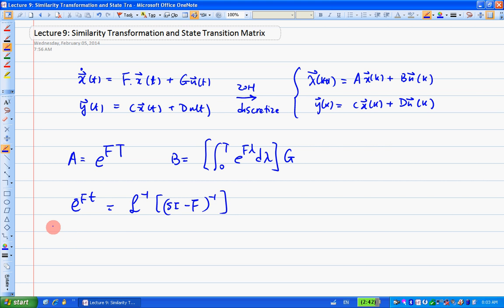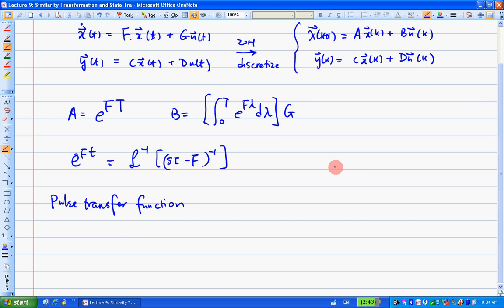So the question here is, what will be the pulse transfer function based on this discrete state space equation? It's like this kind of relationship: if I have H of s representing the transfer function of the continuous system, then H of s can give us a continuous state space model.